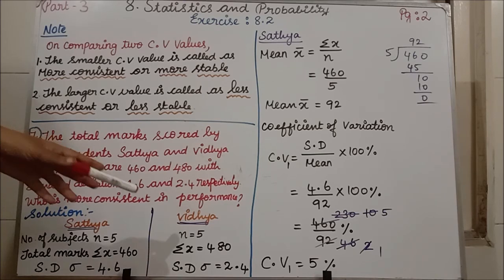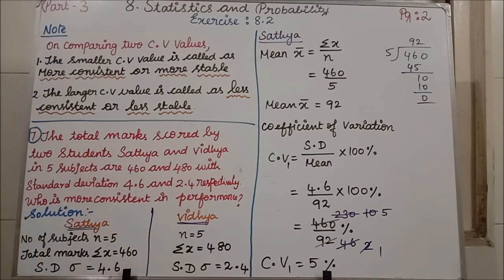Clear? Similarly we are going to calculate for Vidya. Vidya also has the same 5 subjects, so n is equal to 5 and the total marks she scored, summation x, is equal to 480. Standard deviation for Vidya, sigma, is 2.4. We have to find who is more consistent.